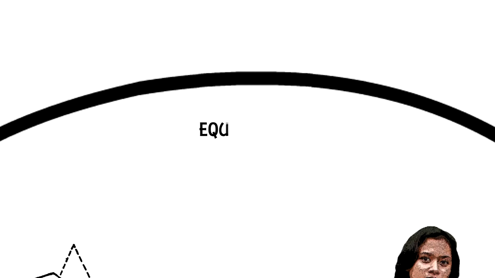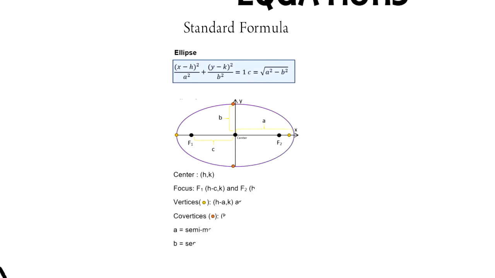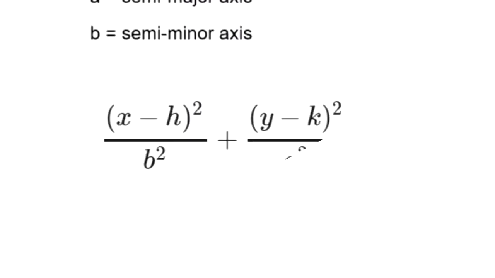These are the equations of an ellipse. The standard formula for the horizontal axis is (x minus h) squared over a squared plus (y minus k) squared over b squared equals 1. And for the vertical axis, (x minus h) squared over b squared plus (y minus k) squared over a squared equals 1.